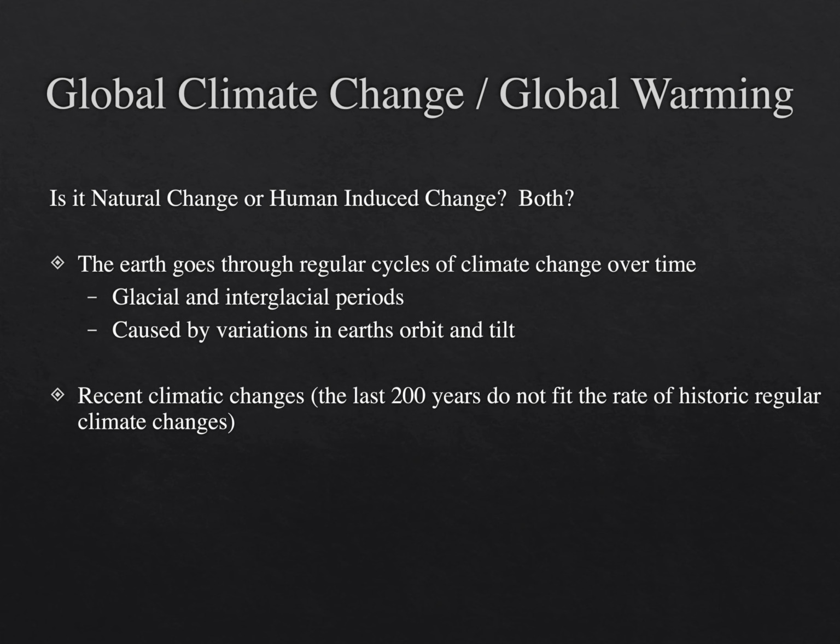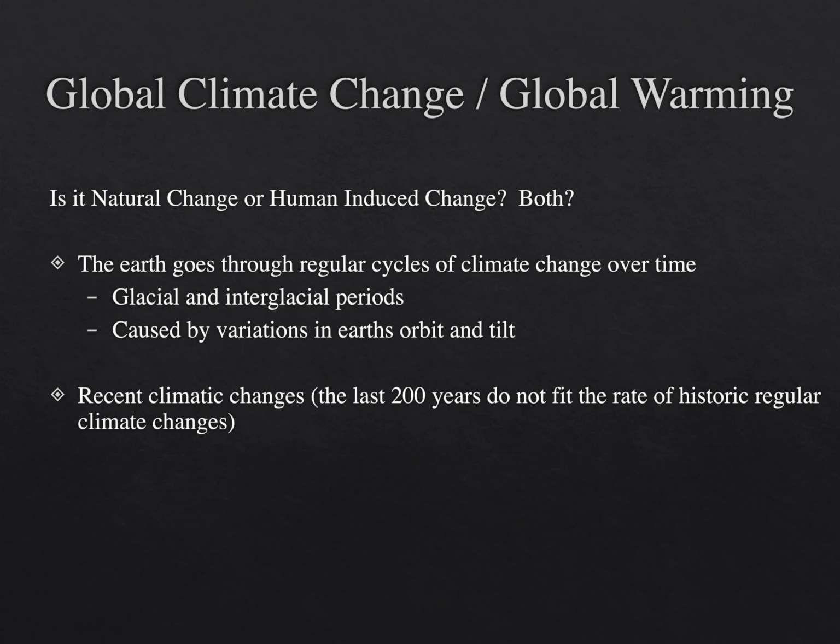So, with big picture climate change, we know that the Earth goes through very regular cycles of warming and cooling. And we can talk about those as glacial and interglacial, or ice age and inter-ice age periods. Those are big, for thousands and thousands of years. The Earth is very, very cold and then very, very warm. And right now, let me be clear, we are moving out of a glacial period and we are in an interglacial period.